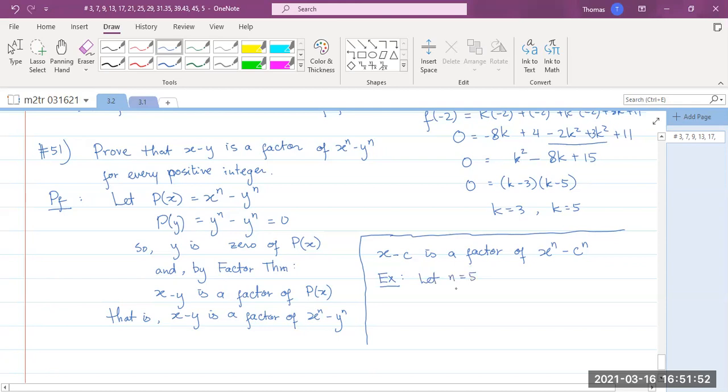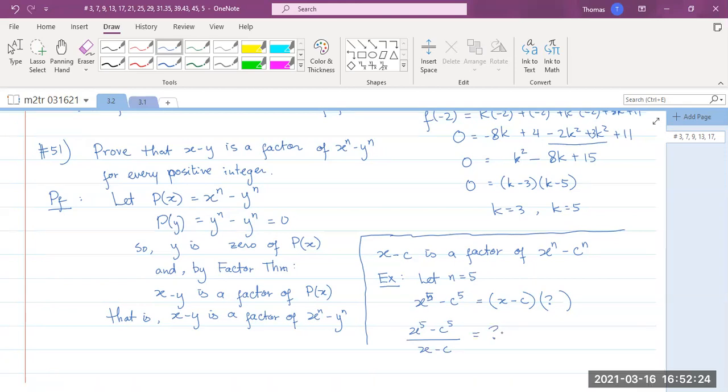So I want to factor x to the 5th minus c to the 5th. That's equals to x minus c times what? Okay, so basically x to the 5th minus c to the 5th over x minus c equals to what? How do we factor it?